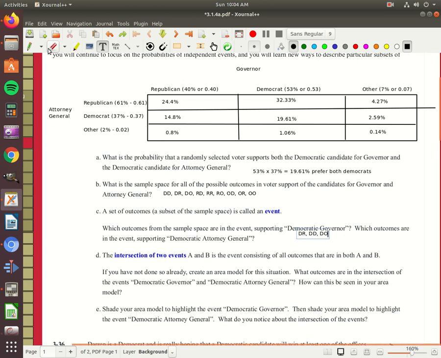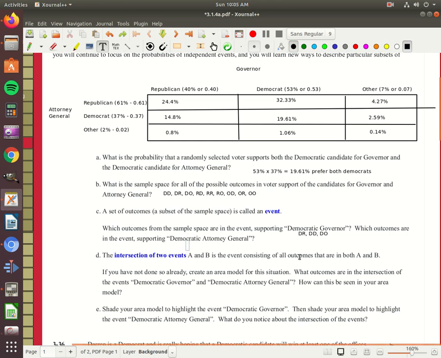Well, if you like the Democratic attorney general, these people like the Democratic attorney general. The people that like the Republican and the Democrat, the people that like the Democrat and the Democrat, and the people that like the other and the Democrat. So you can see it goes side to side. So again, if we want to type that up, we would say it is RD, DD, and OD.